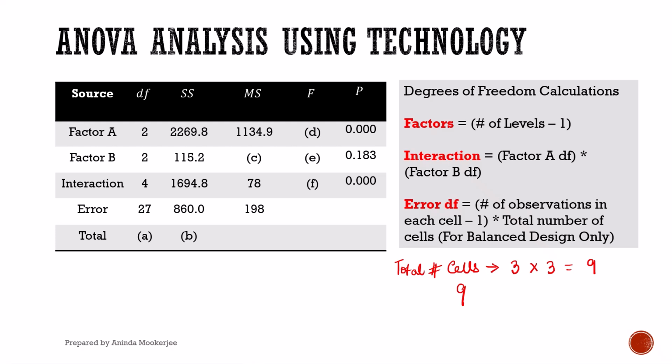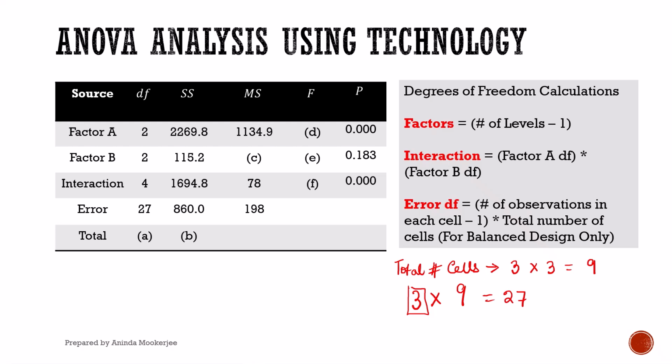So number of observations in each cell minus 1. So if that is 9 and the result is 27, then the number of observations in each cell minus 1 must have been a 3, right? So that is the number of observations in each cell minus 1.